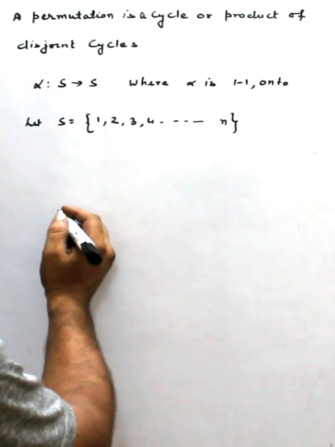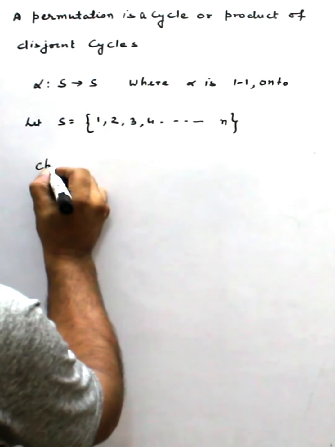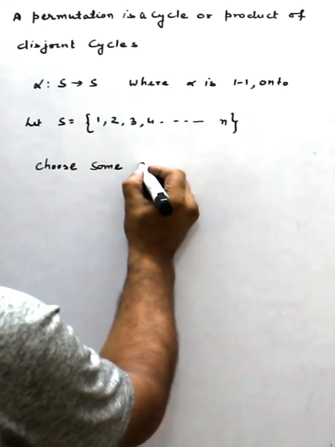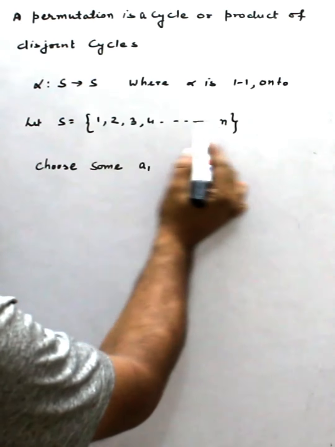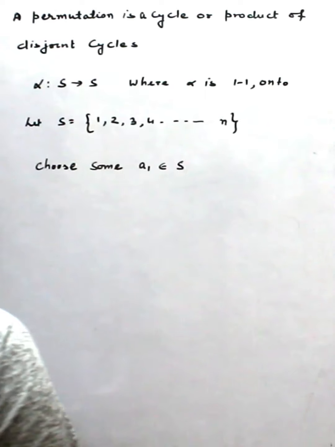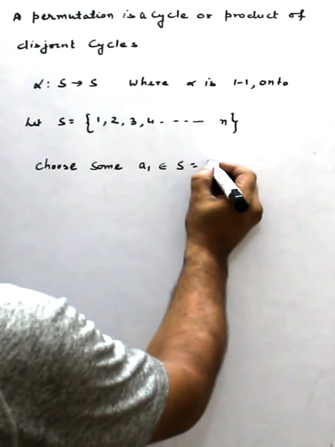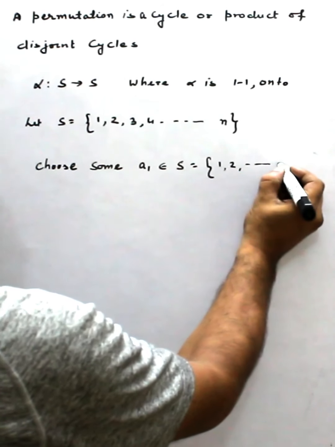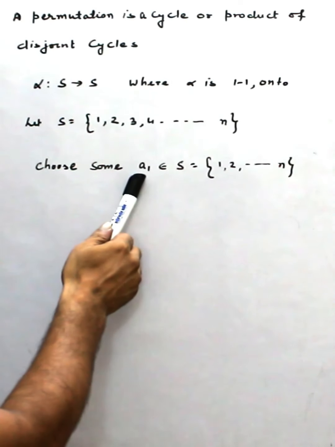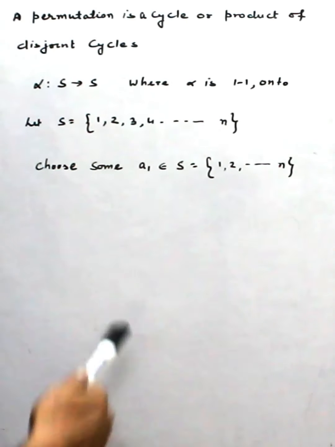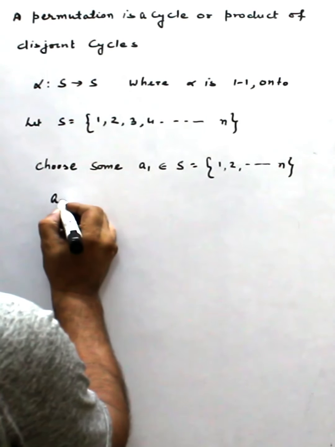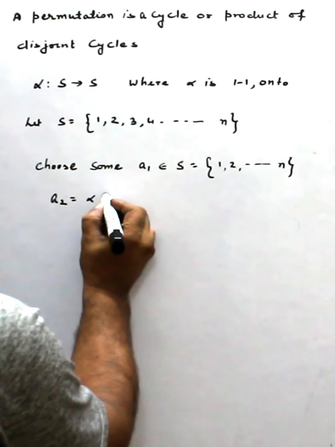So choose some A1. So A1 obviously in these n numbers belongs to S. And what is S? S is 1, 2 up to n. Now obviously alpha is defined, then A1 has some image in S. Then we say that A2 is the image of A1.